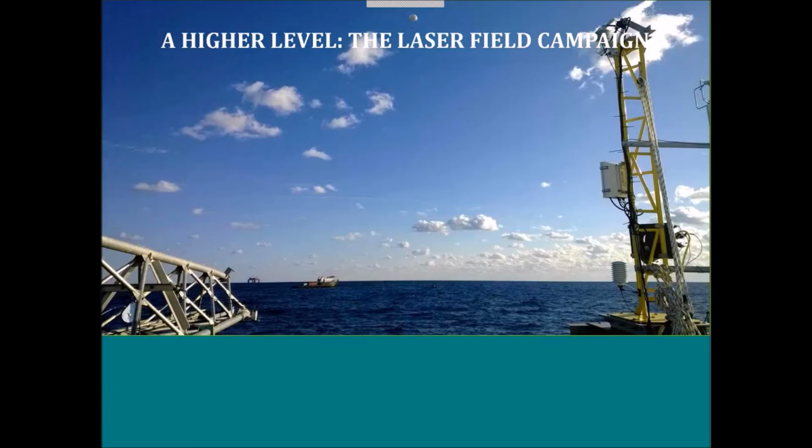This shows some of the platforms we used during that experiment. Up here, there's a balloon carrying cameras and looking down at the surface and at those little bamboo drifters that were thrown out there. We had thousands of those.